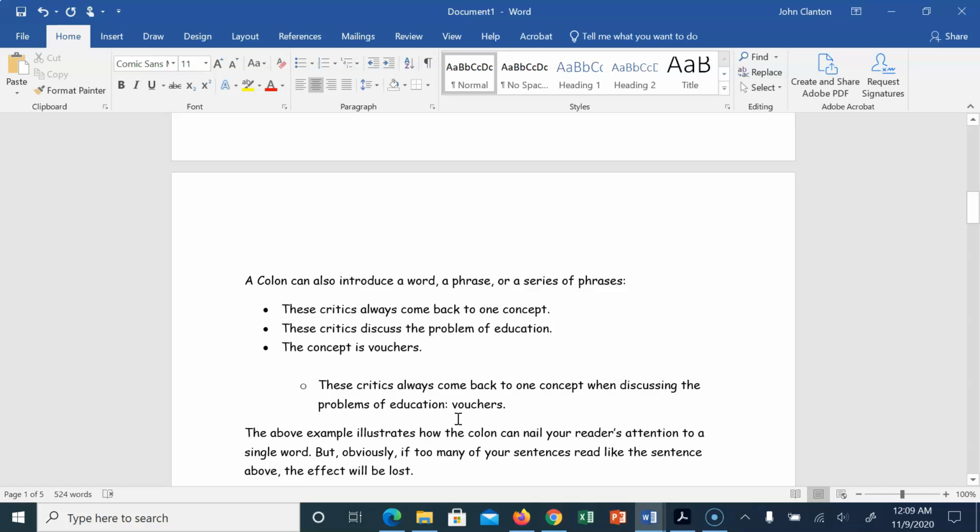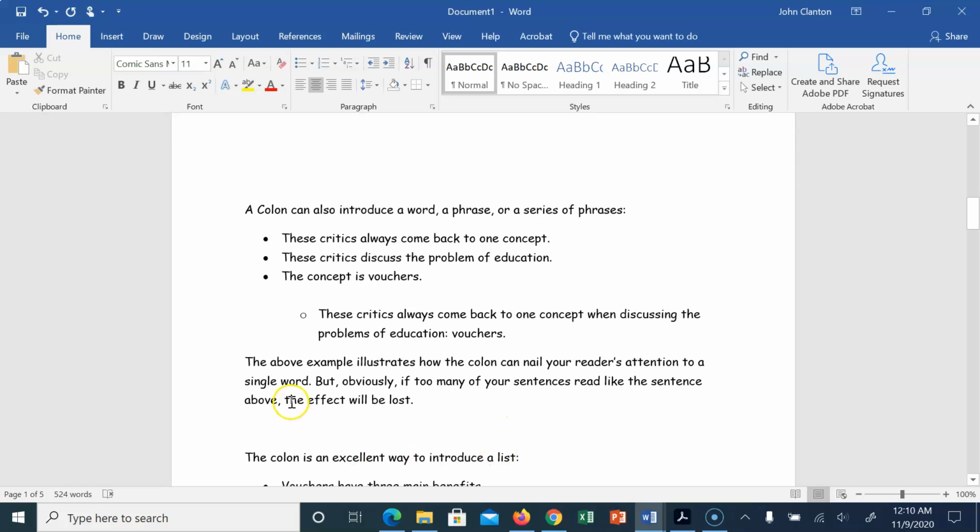So notice how there's a sense of anticipation, there's a build-up, right? And in this case, the writer really wanted to place the emphasis on the word vouchers and just leave it alone. So you can do that with a colon. So the above example illustrates how the colon can nail your reader's attention to a single word, but obviously, if too many of your sentences read like the sentence above, the effect will be lost.